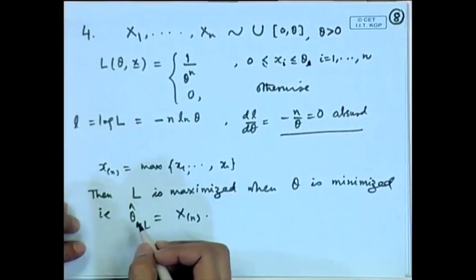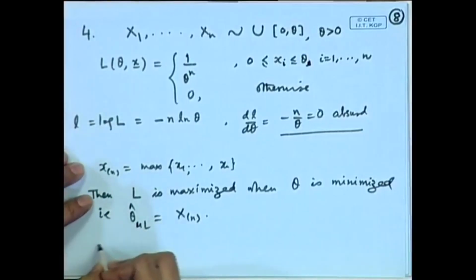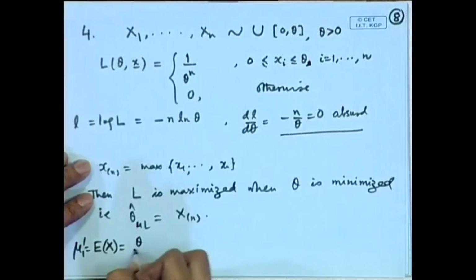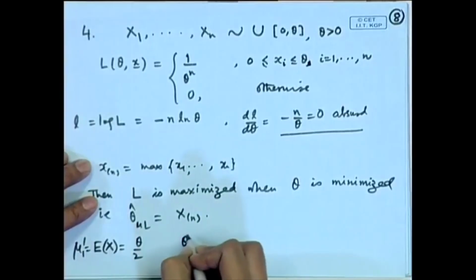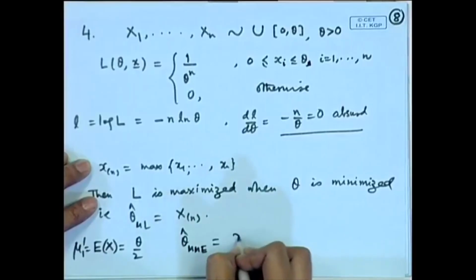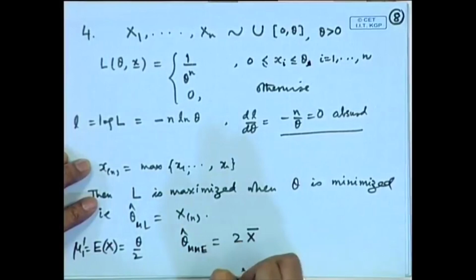Suppose I want to find out the method of moments estimator here. What is that? Consider the mean of this distribution, that is the first moment, that is theta by 2. So, theta hat method of moments estimator will be twice, and in place of mu 1 prime we will put x bar.